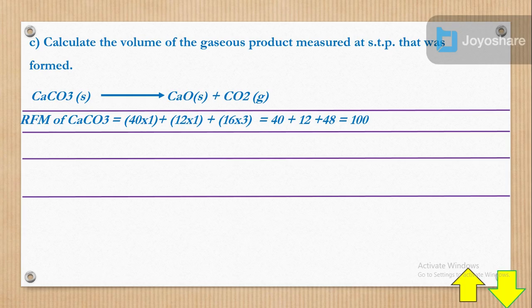Please, you realize that at the beginning, if you go back and watch item 1, we explained that they gave us some values for some of these elements.